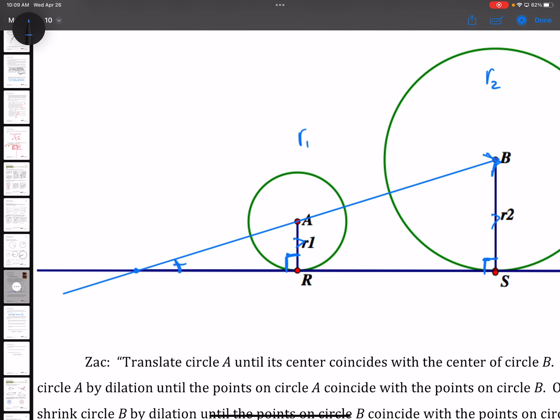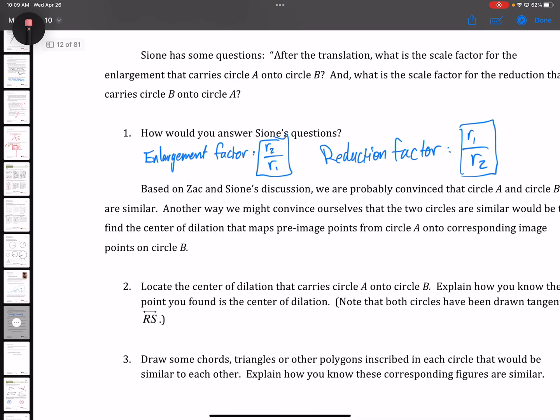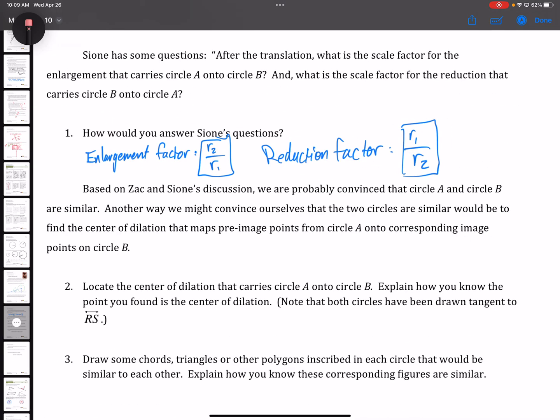If this angle and this angle are the same, then this angle has to be the same as this angle, which means those triangles are similar. Huzzah! That means that all of their sides are going to be ratios of one another, right? So, we located the center of dilation.